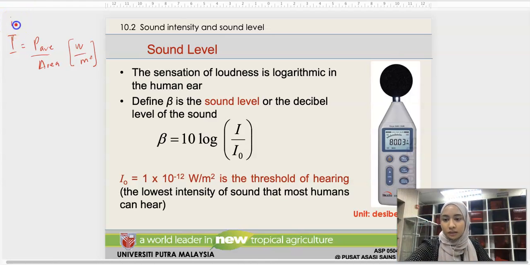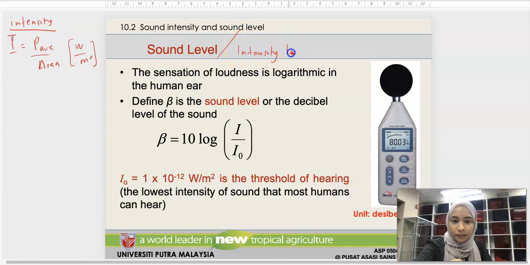This is called intensity. We are learning a new term now. It's called intensity level. Okay, sound level or intensity level. Tadi intensity je, now it's intensity level. So the sensation of loudness is logarithmic in the human ear. Define beta.